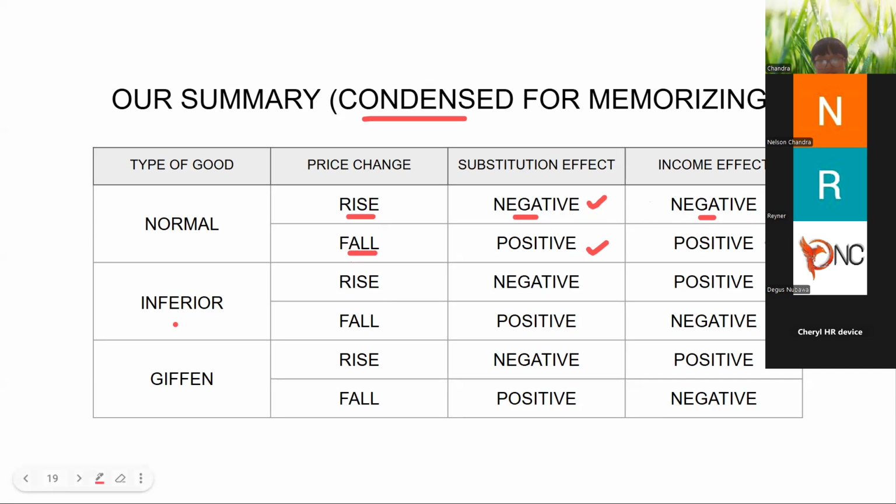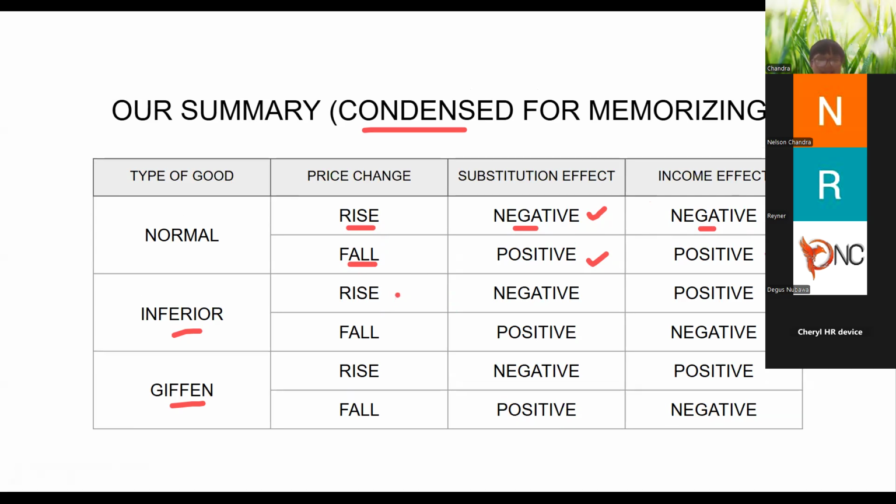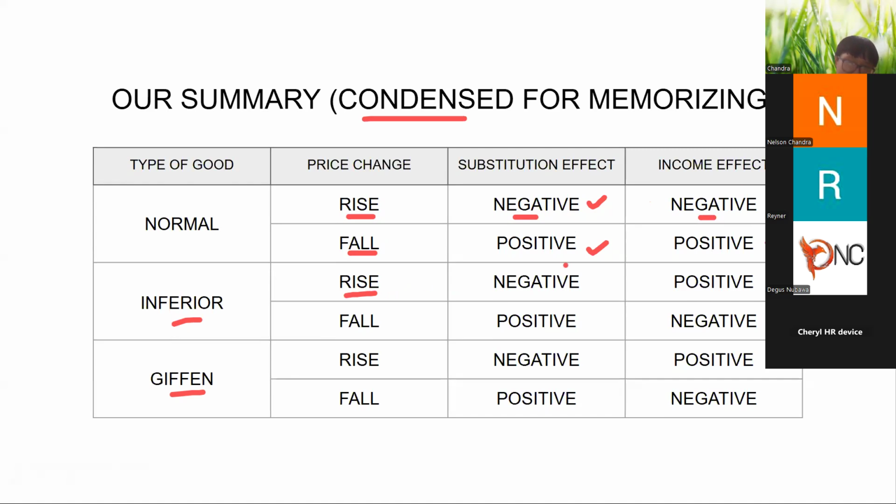But for inferior and Giffen goods, when the price increases, the substitution effect is negative, but the income effect will be positive. It's always different.